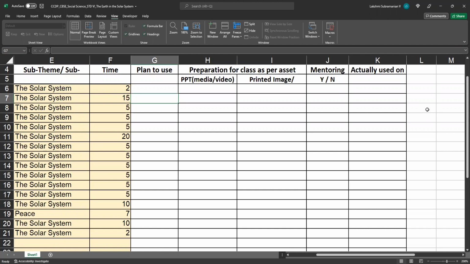Then you will need to plan how you are going to distribute these assets. Let's also say theoretically this particular chapter you have to finish in 4 periods. You will start it on Wednesday, the next period is on Thursday, the third period is on Monday, so the fourth period will be again on Wednesday. So by the following Wednesday, you are supposed to complete the chapter.